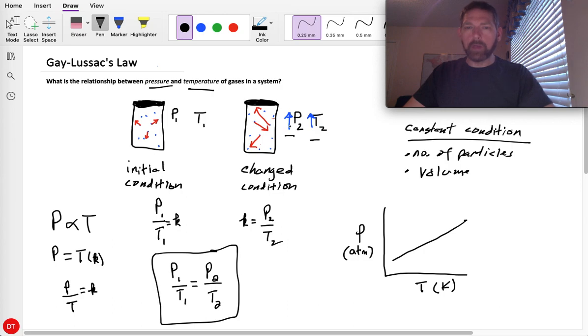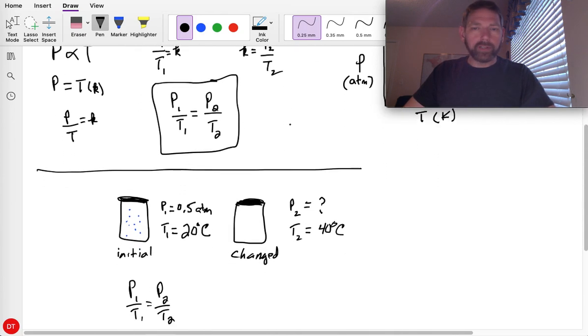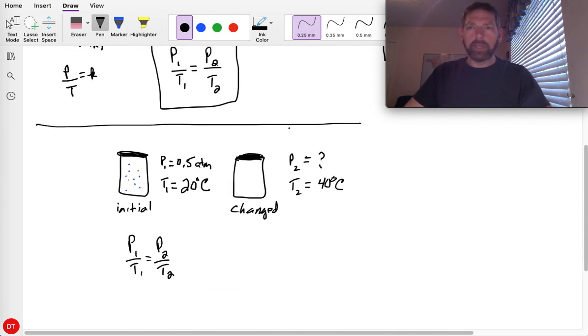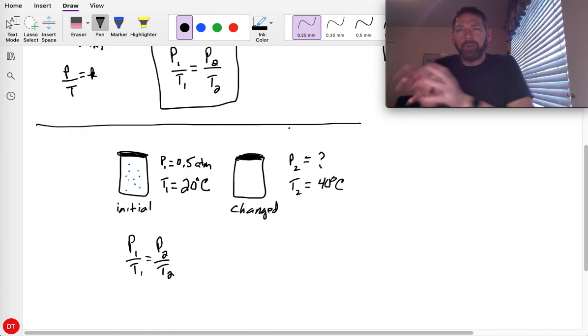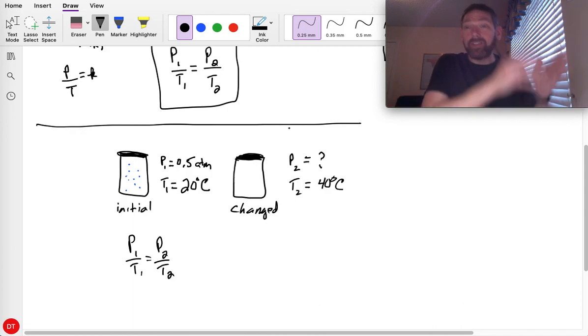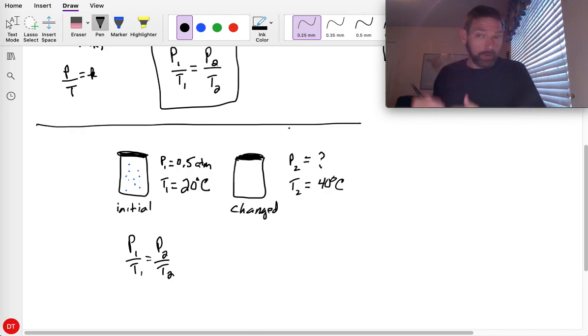You should already be keeping that in mind. Too often I see people turn in answers where it's the exact reverse, but it's a direct relationship. So if you see an increase in temperature, you should see an increase in pressure. If you see a decrease in temperature, you should see a decrease in pressure, right? It just makes sense. It's increase, increase, decrease, decrease, all right?